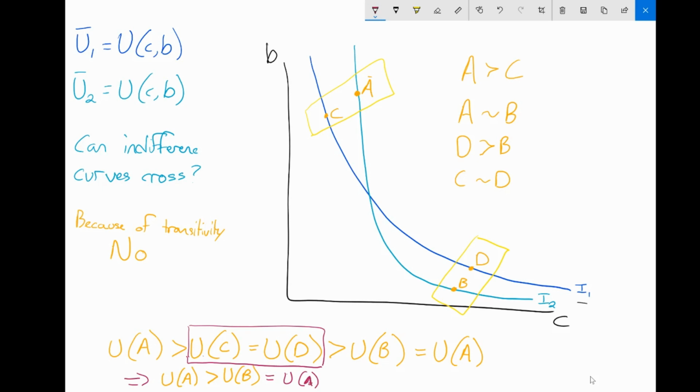All right, so they cannot cross. This does not work. This is not consistent with rational choice theory utility functions.